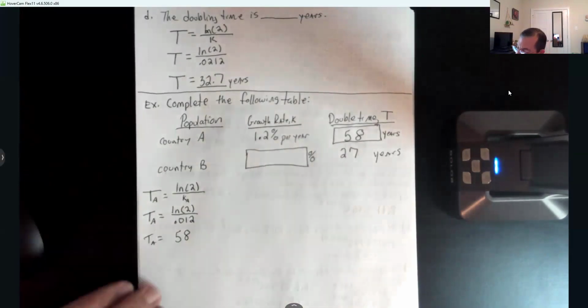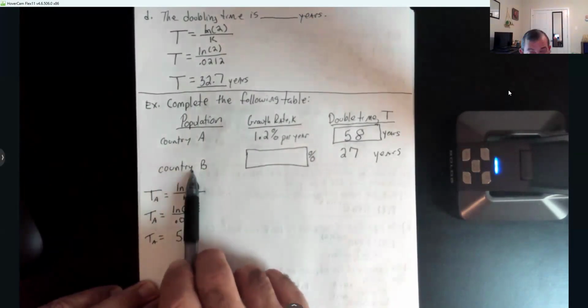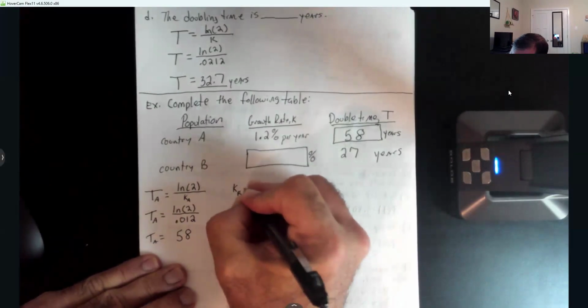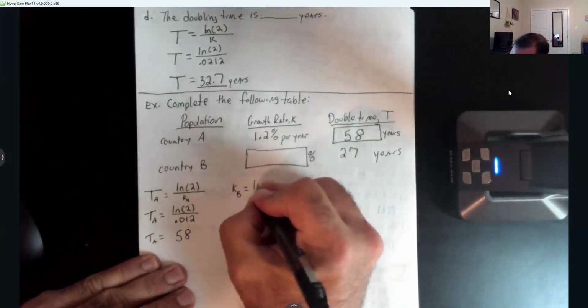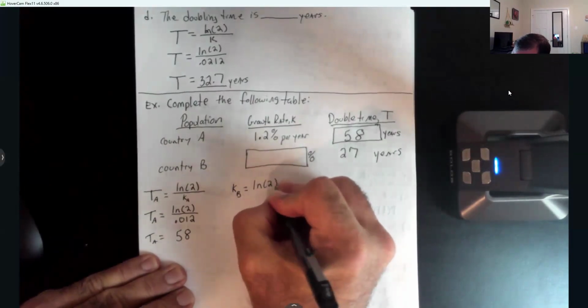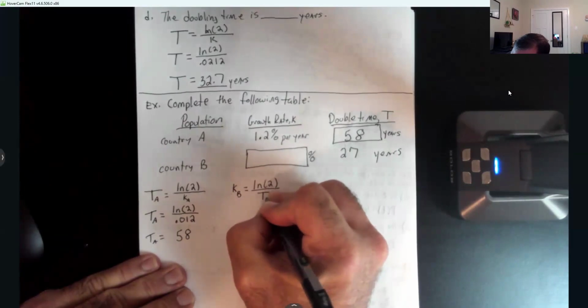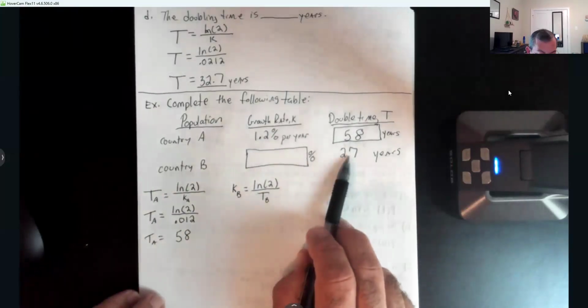So now what are we looking for? We're looking for the growth rate of country B. So we're looking for the K for country B, which will be the ln of 2 again, divided by the double time for country B. Well, it gave me that double time right here.